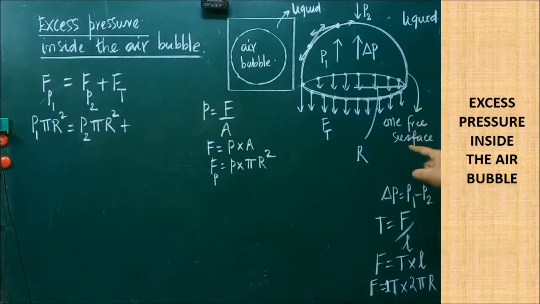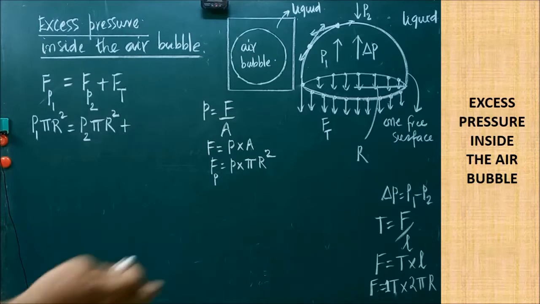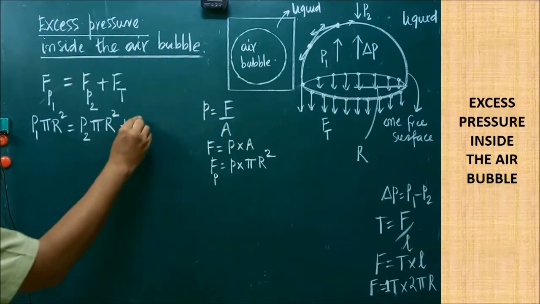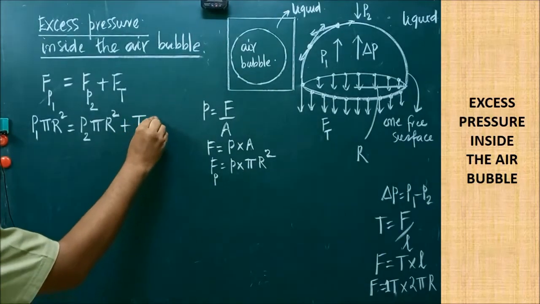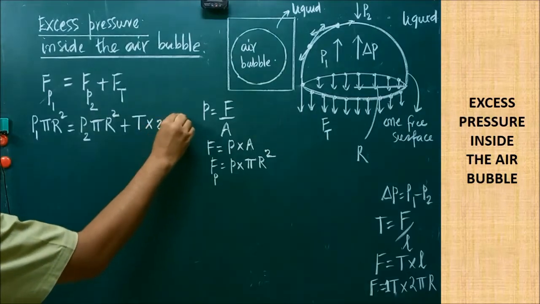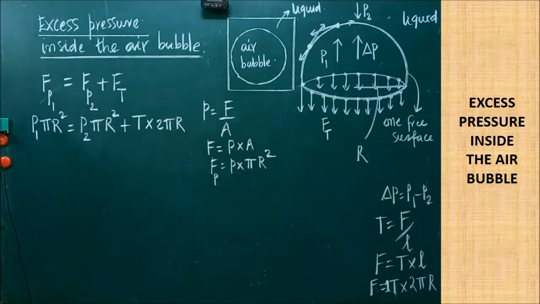Since only one free surface on which force due to surface tension is acting, therefore 1 must be written, don't forget. Now the force due to surface tension formula is ready. Instead of that, T into 2 pi r can be written. Are you clear? So this is the formula.